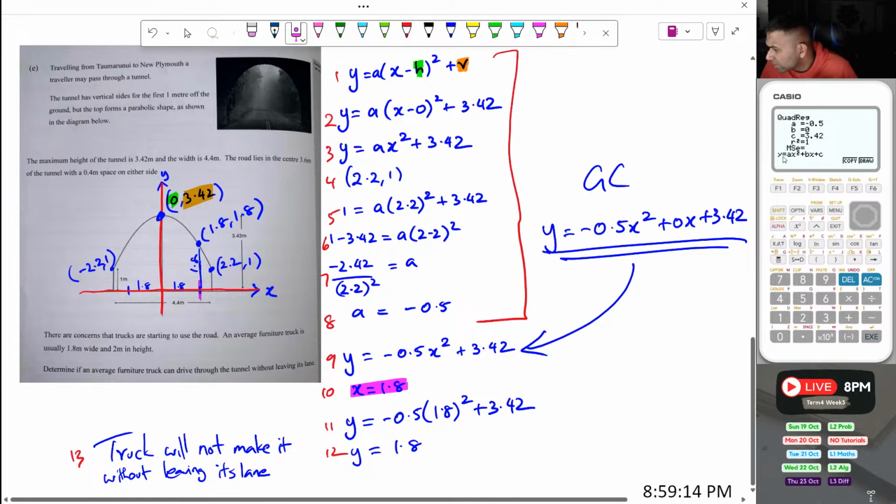That could definitely work. Yeah, true. In the image, it does have 2 lanes. I guess we can kind of assume that this has got 2 lanes because it doesn't tell me anywhere that it's got 2 lanes, does it? Road lies in the center, 0.4 spread. That's all it says. Yeah, I think we have to assume that it's got 2 lanes.